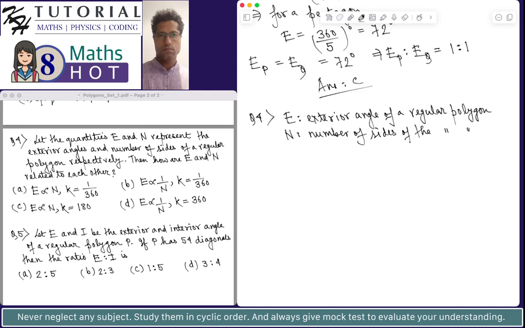Now we know that for a regular polygon having n number of sides, if E is the exterior angle, then E is equal to 360 by n degrees. Clearly we can see that E into n is equal to 360 degrees.